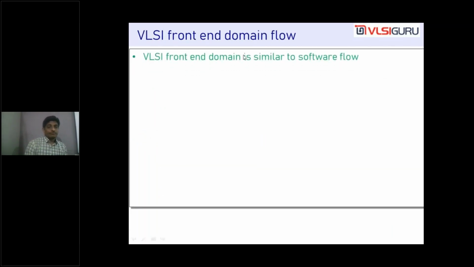Now, the VLSI front-end domain is similar to the software domain, right? What people do in the software domain, they do almost the same thing. What is the skill set of a software engineer? Coding, right? He learns C, C++ and Java. Is just learning languages sufficient? Languages, libraries.